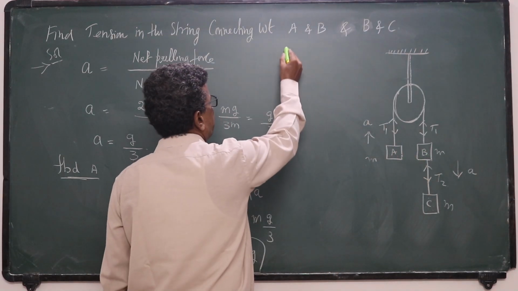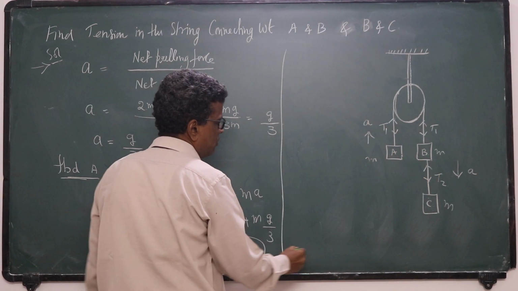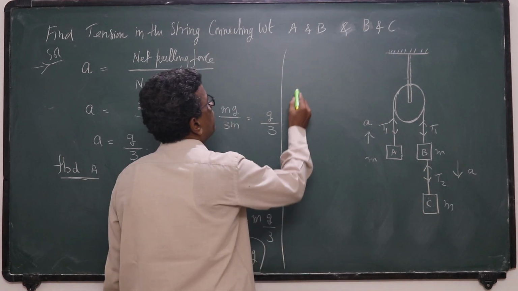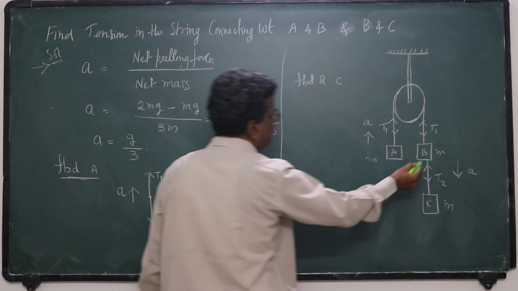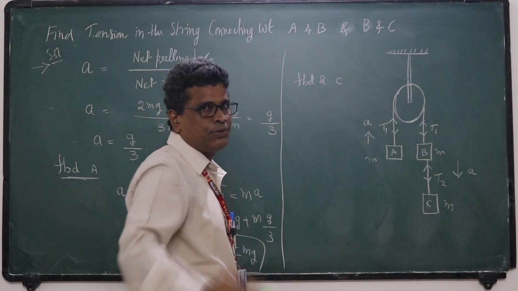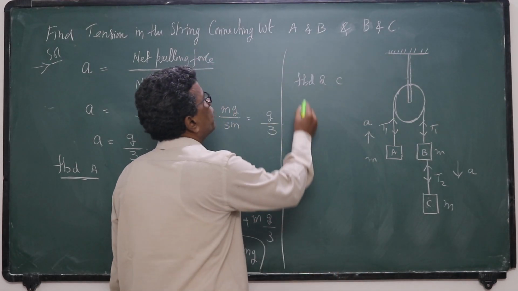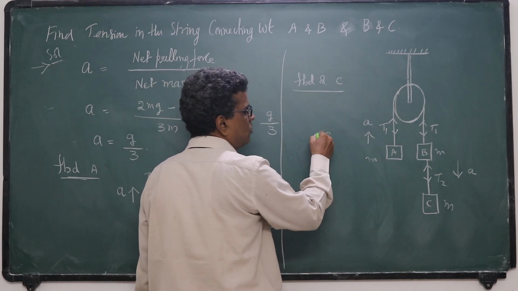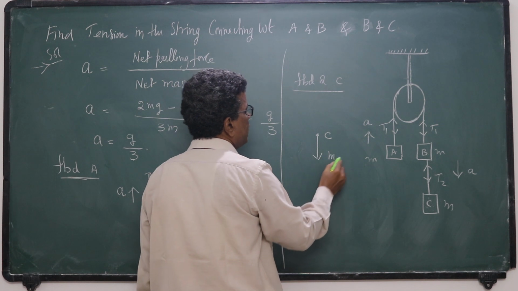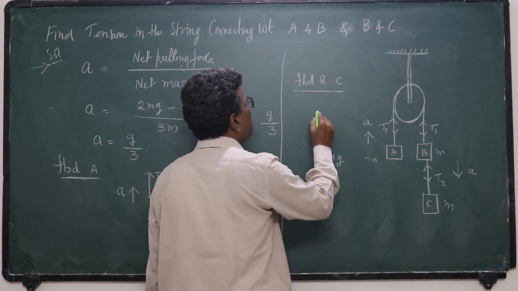So I will draw the FBD of C. FBD of C. You can draw B also. That is left to you. Okay. So FBD of C. So C totally it is moving down. It has weight mg.